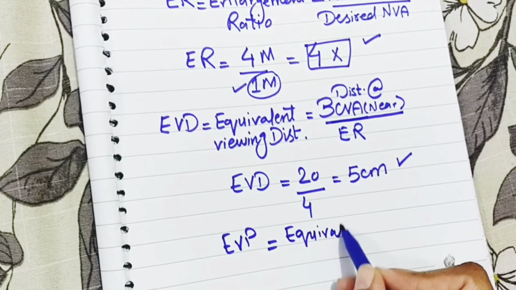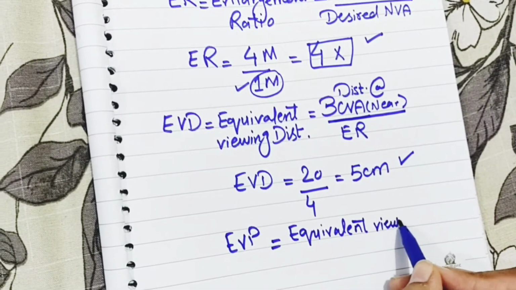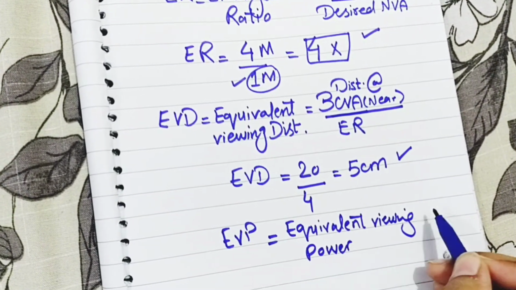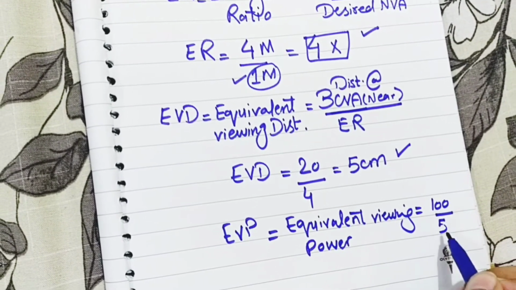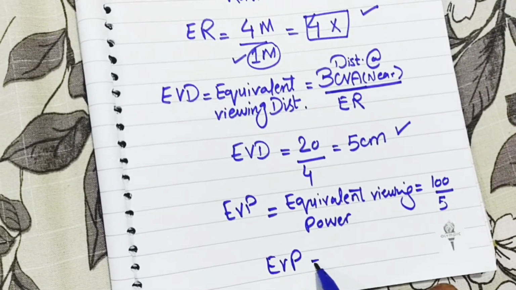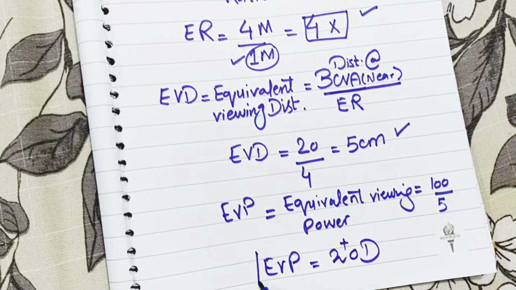So EVP is calculated. EVP is equivalent viewing power, which is equal to 100 divided by 5 centimeter. So EVP is equal to 20 diopter sphere, plus 20 diopter.